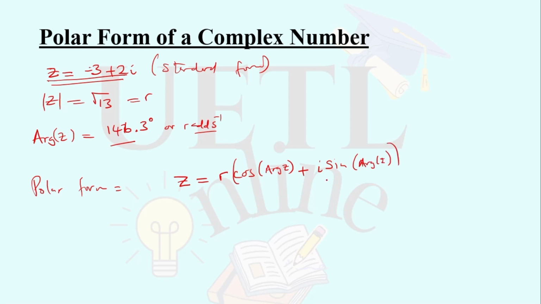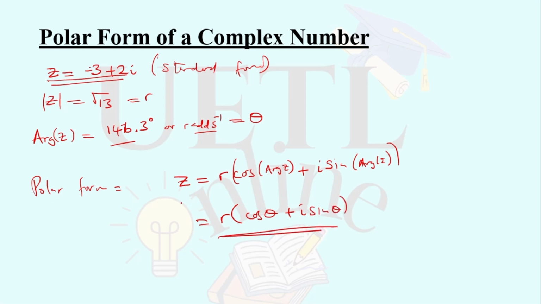You're going to take these angles and put them here. Let's assume that the argument of z is equal to theta. It's going to become r(cos theta + i sin theta). This is what we call the polar form.